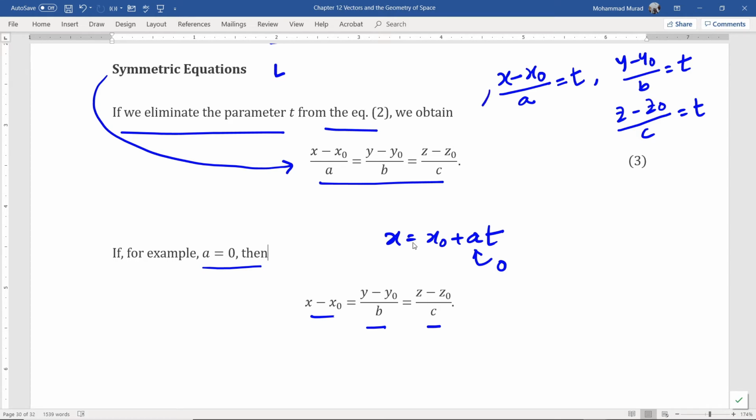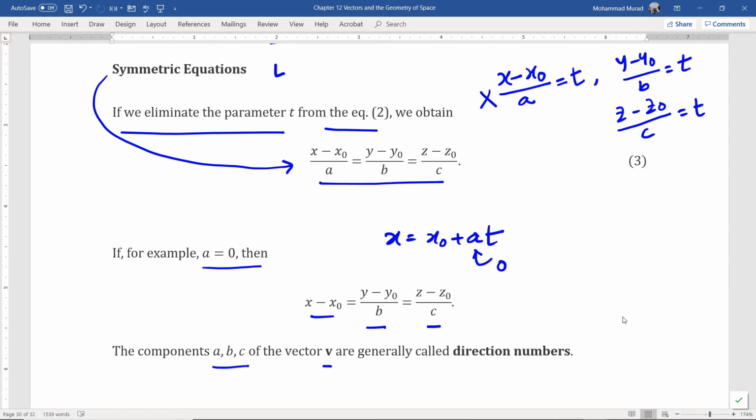So this equation would not work then. The components a, b, and c of the vector v are generally called direction numbers of the straight line L.